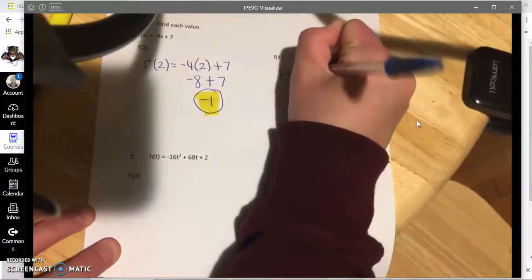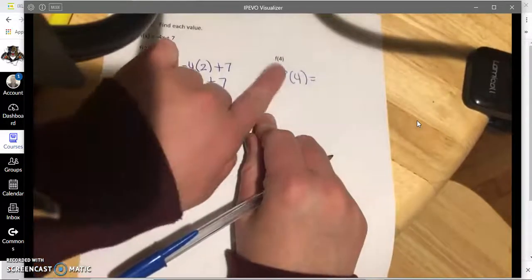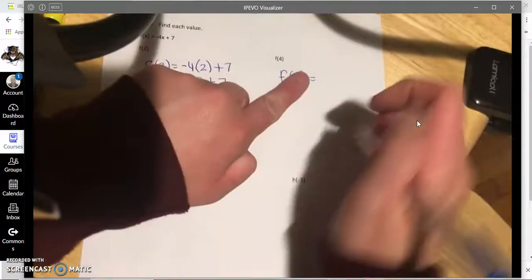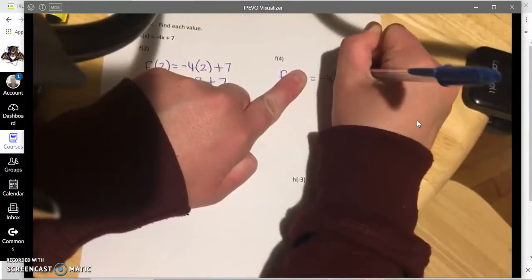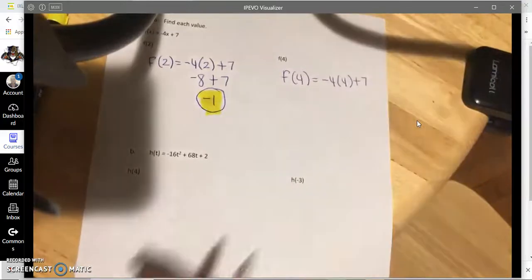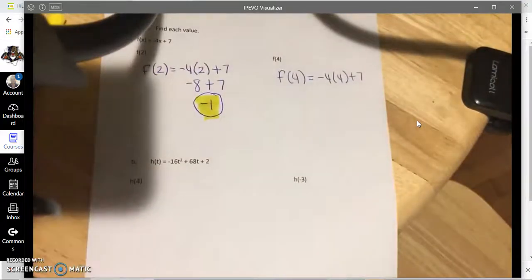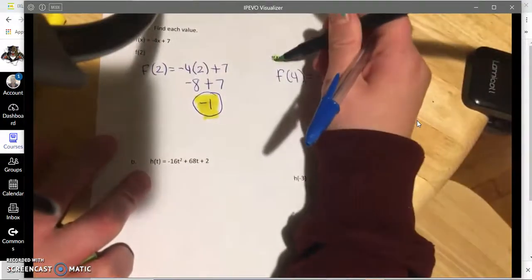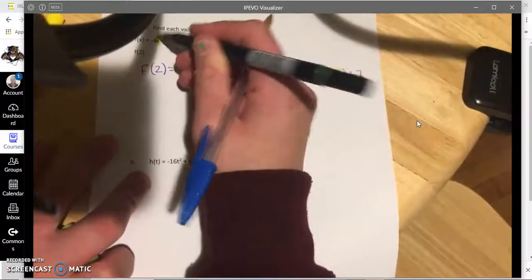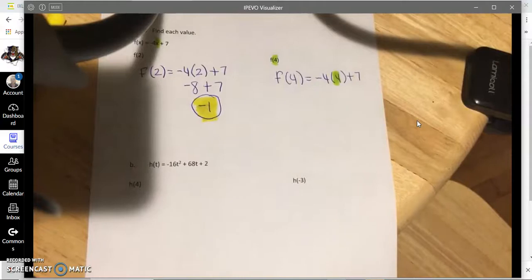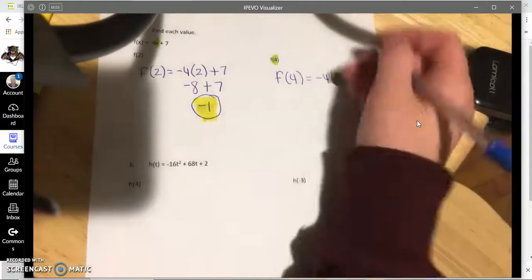All right, f of 4. This just says when we plug 4 into our equation, so -4 times 4 plus 7. And I do want to show you, all we're doing is plugging a 4 into our equation up here. So -4 times 4.